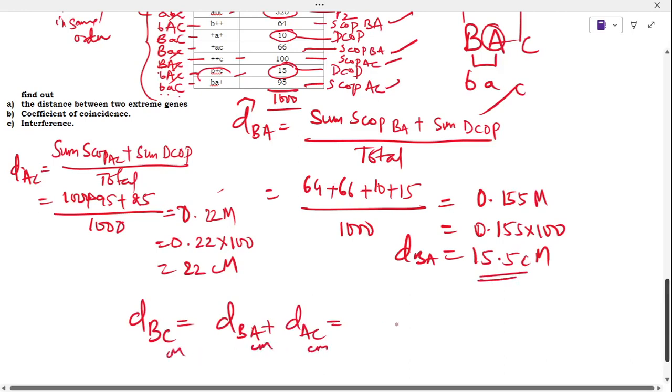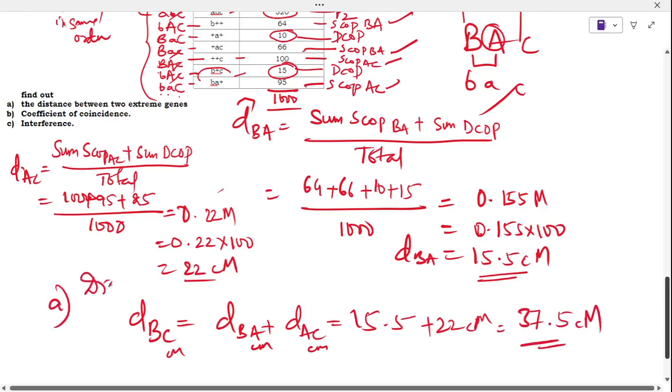So 15.5 will be the distance between BA, and 22 centimorgan will be the distance between AC. Then if you sum that up, the total value will be 37.5 centimorgan. This is the first question answer, the distance between extreme genes.